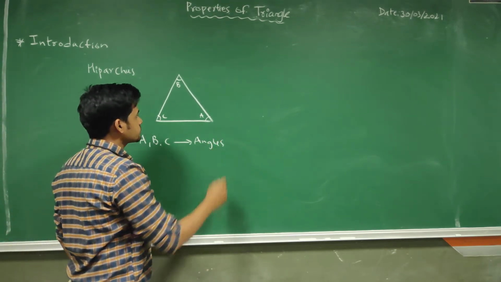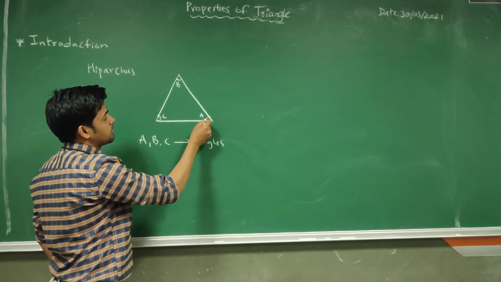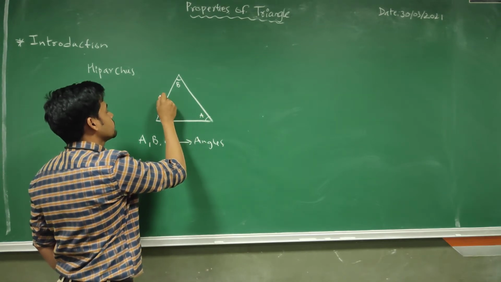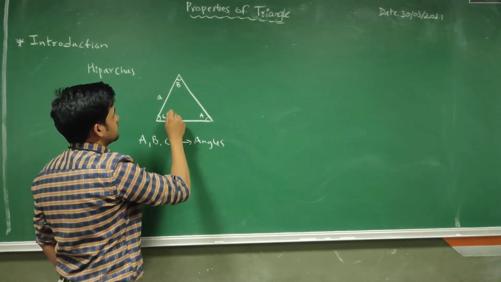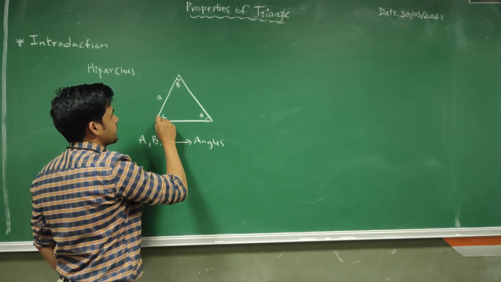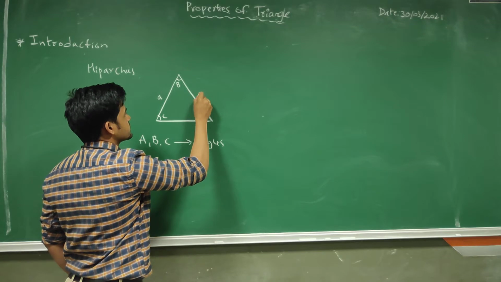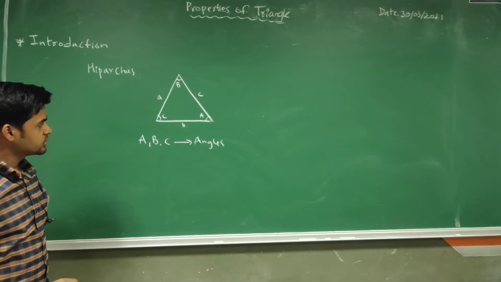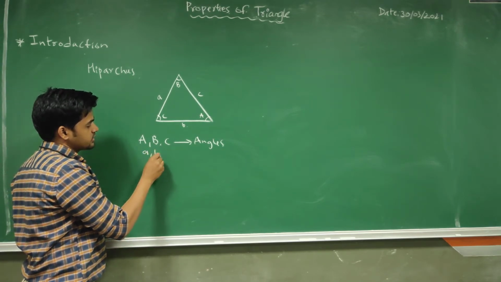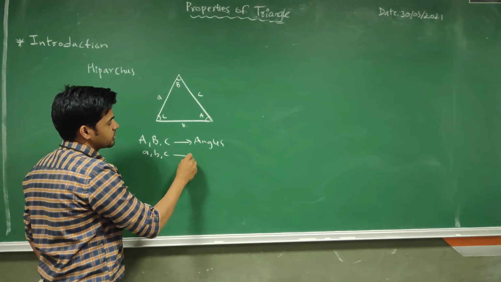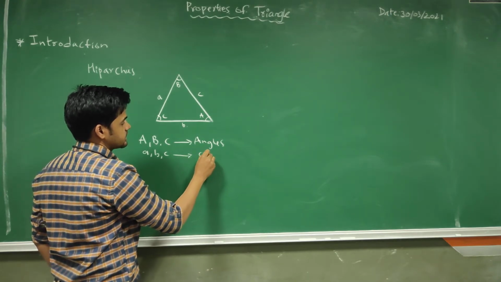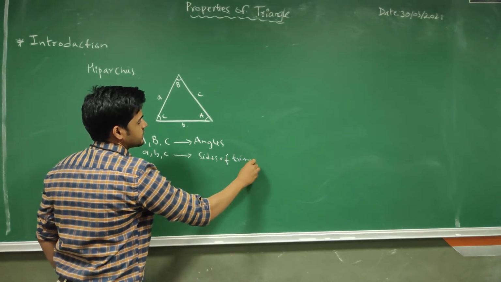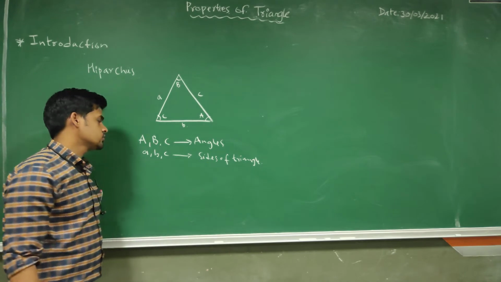Now here we have an angle, so the opposite side of this angle we will call side a, the side opposite this angle will be small c, and here it will be small b. Just remember that small a, small b, small c denote sides of the triangle.